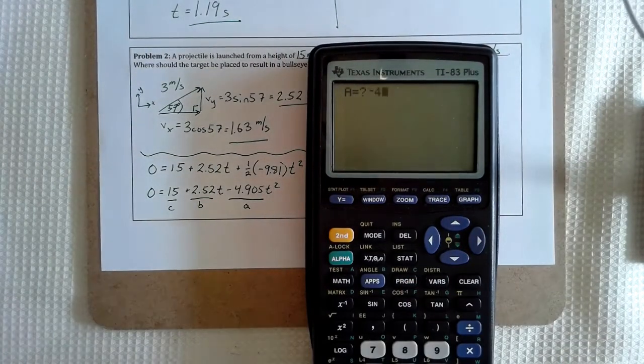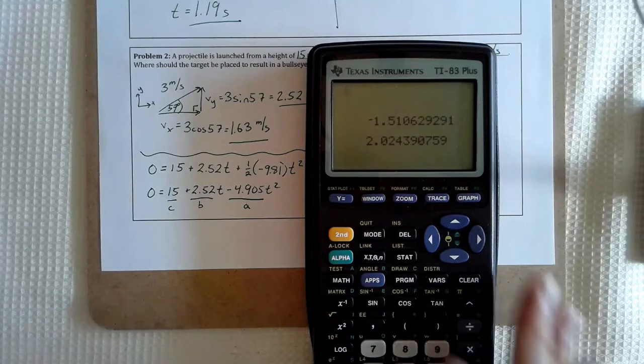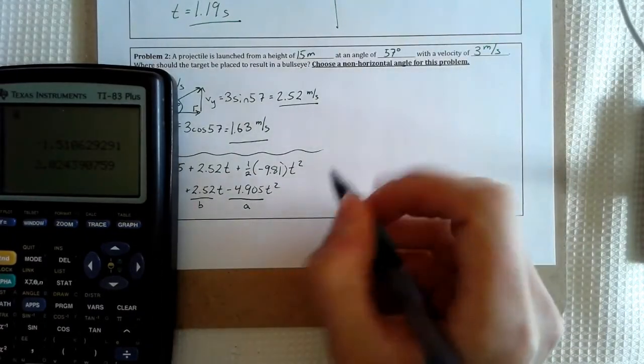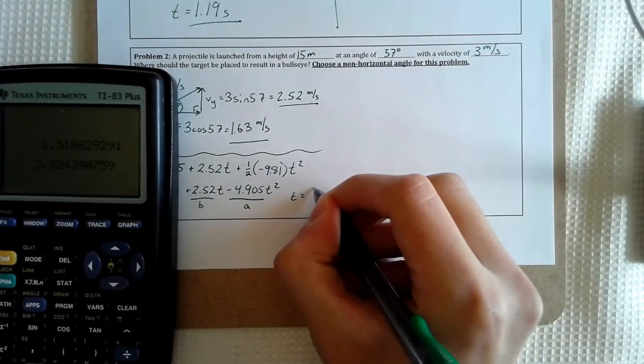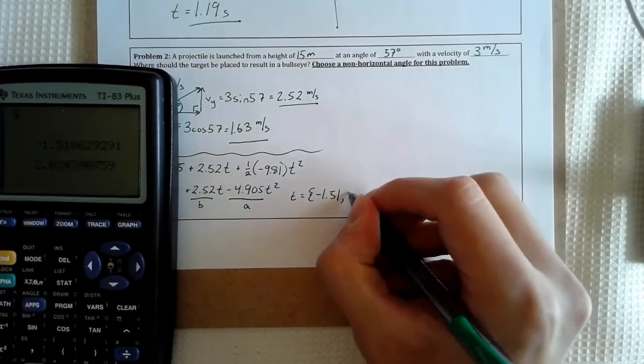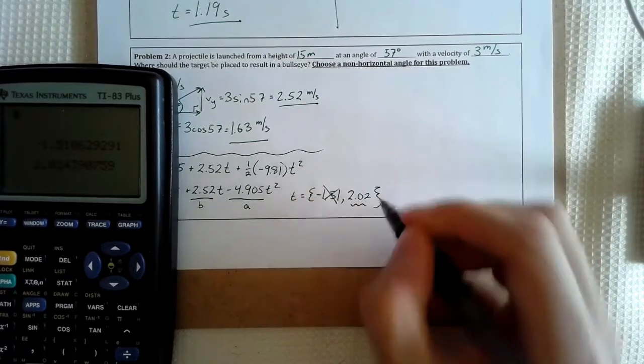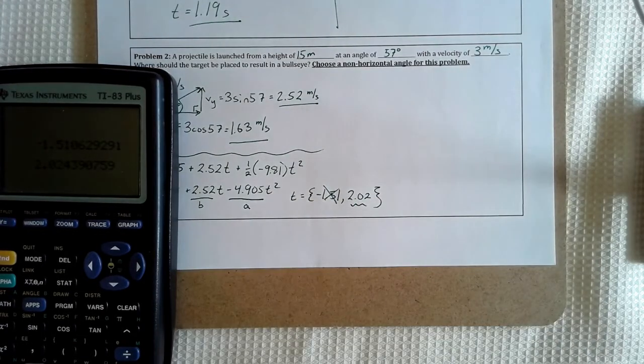But A is negative 4.905, B is positive 2.52, C is 15. Cool. It even gives you that little fancy equation. And we get 2 solutions for T. Looks like T could be negative 1.51 or positive 2.02. And we're going to go with the positive version, 2.02 seconds is our time that it's in the air.